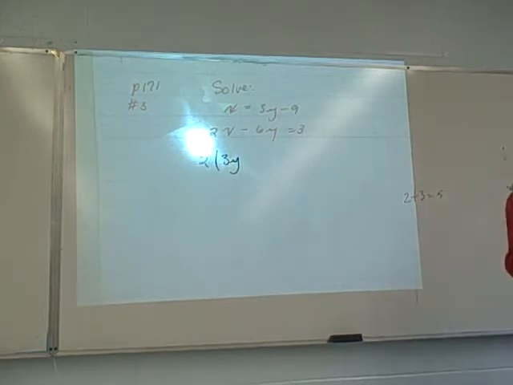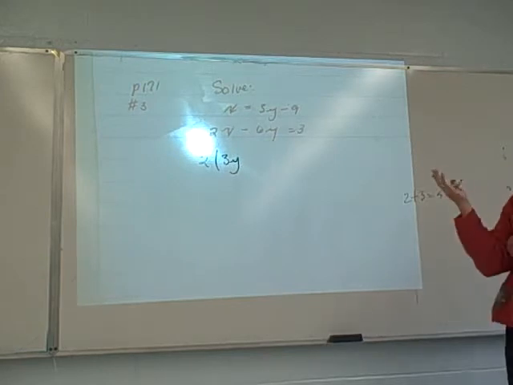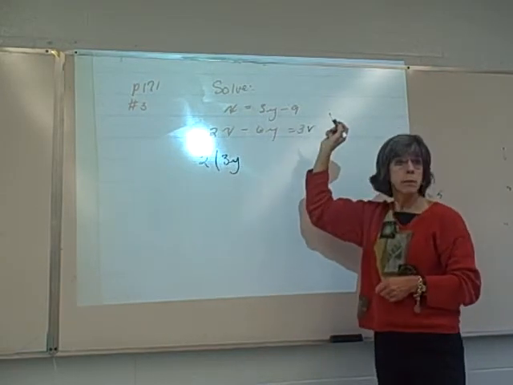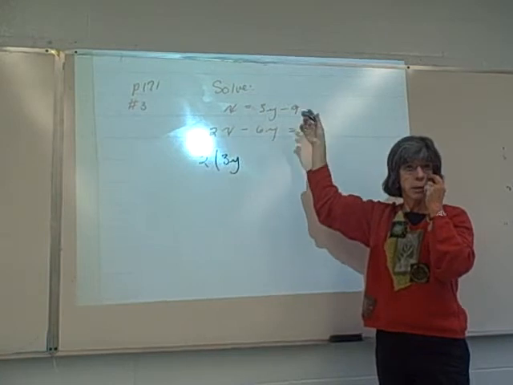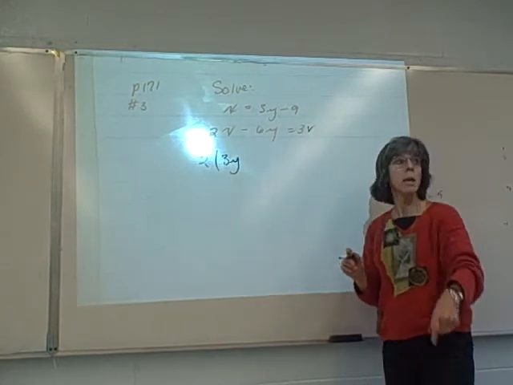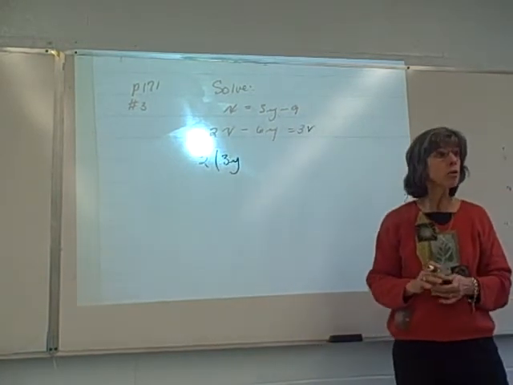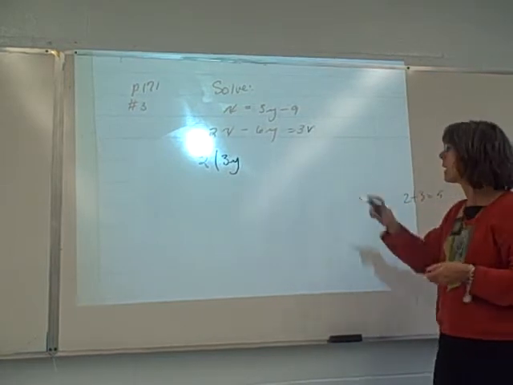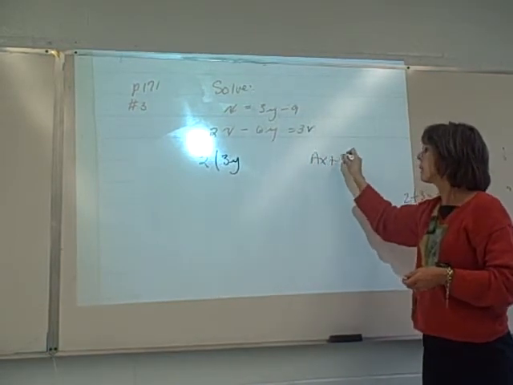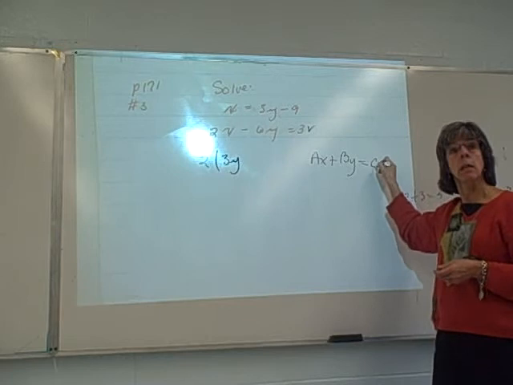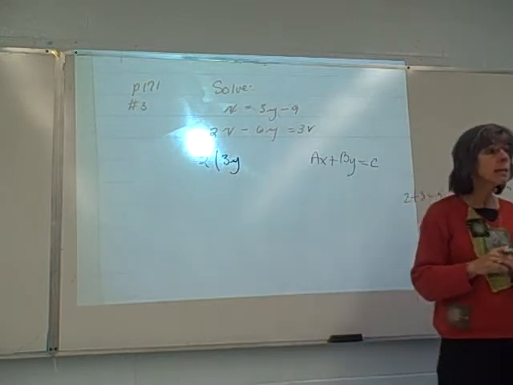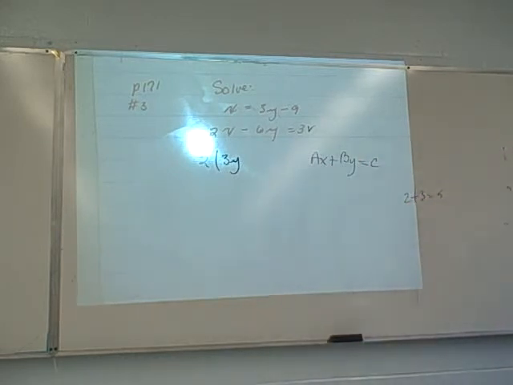You would need to rearrange the first one and put it in standard form, because this one is in standard form and this one's not. When you're doing elimination, it always has to be in ax plus by equals c form, and this top one isn't in that form. So doesn't it make sense to just do substitution? I didn't see that.